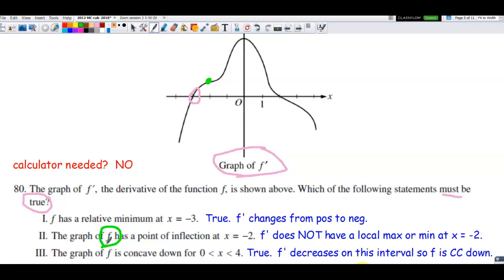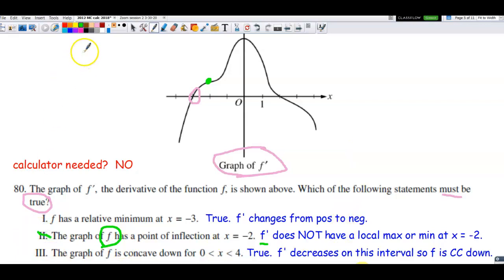Well, according to the All About Me sheet, the original function has a point of inflection when the first derivative changes from increase to decrease or decrease to increase, which is the same thing as saying have a local max or a local min. It's really important that you study and know everything there is to know about the All About Me sheet. So this is a false statement. So we can get rid of number 2.